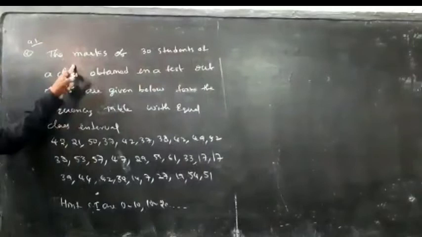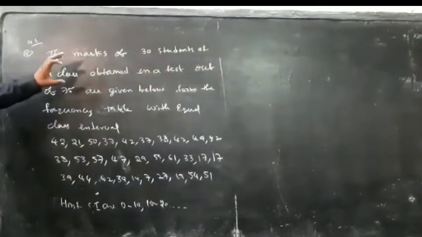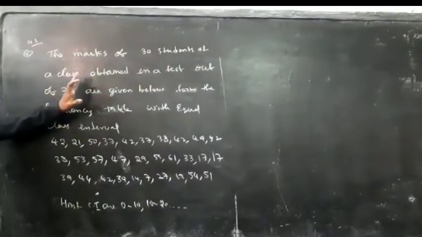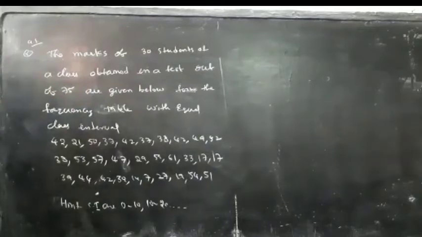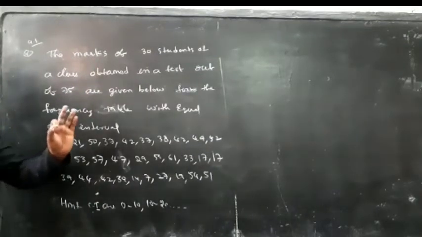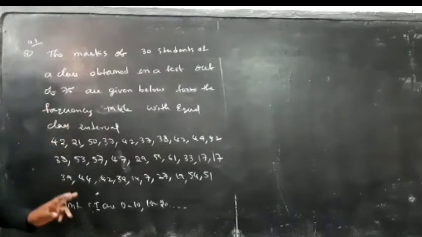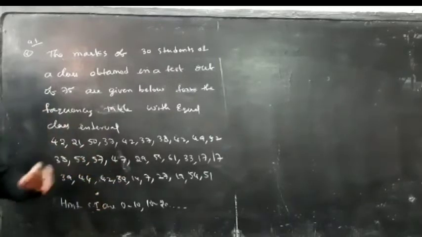The marks of 30 students of a class obtained in a test out of 75 are given below. Form the frequency distribution table by taking equal class intervals. Here, what is the hint? 0 to 10, 10 to 20.